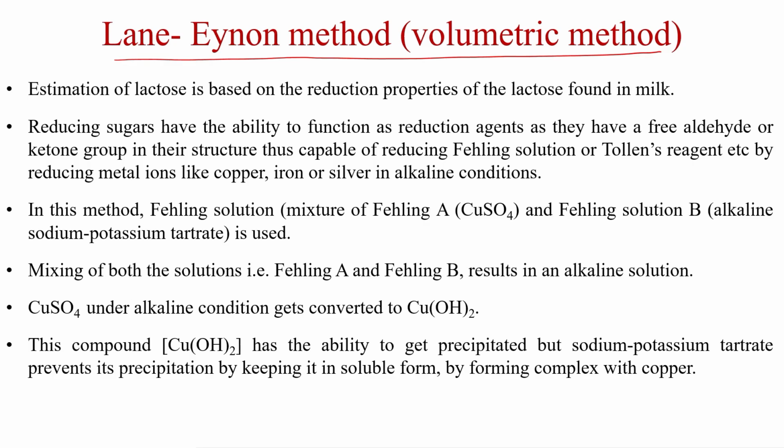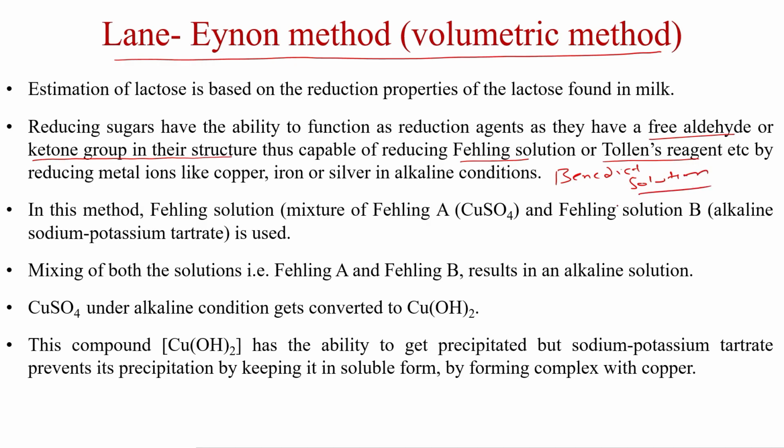Now we know lactose is a reducing sugar. Reducing sugars are those sugars which have a free aldehyde or free ketone group in their structure and thus can reduce solutions like Fehling solution, Tollens reagent and Benedict solution.